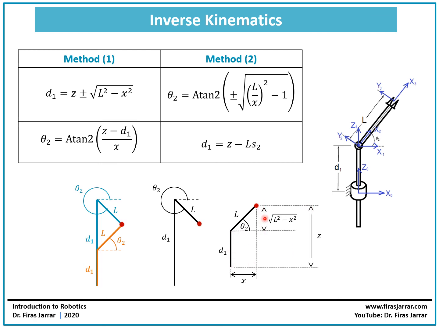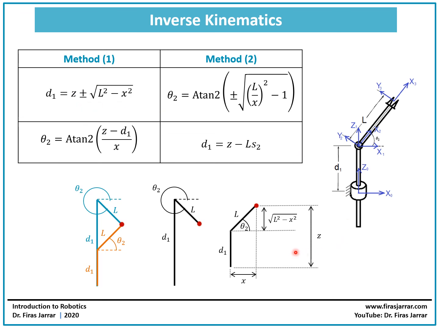What would be this small distance here? This is L and this is x. So the square root of L squared minus x squared, according to Pythagoras, will give me this length here. Then I can relate z to d1 through what? z minus this distance will give me this distance, which is this equation.